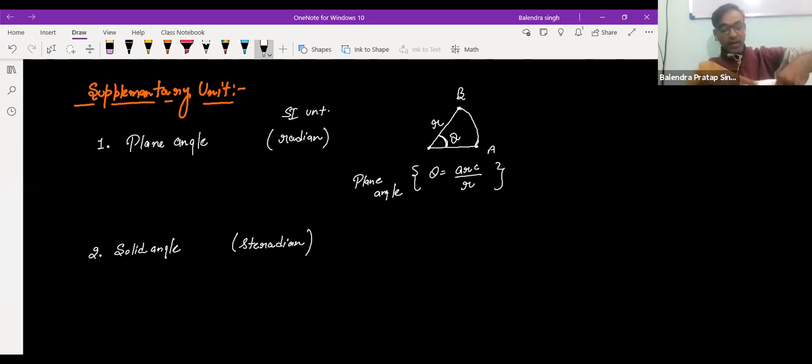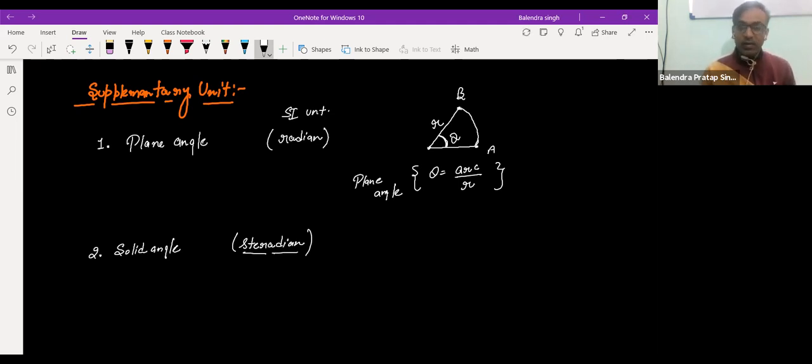If I make a cone of this paper, this kind of geometry, like the cone of an ice cream, this angle is the solid angle. It's a three-dimensional representation of plane angle, the angle at the center point. The unit of solid angle is steradian.